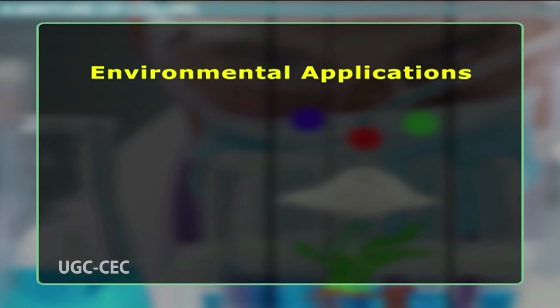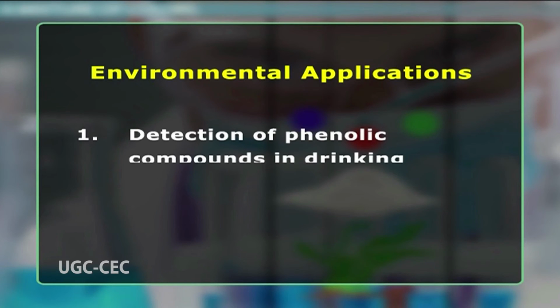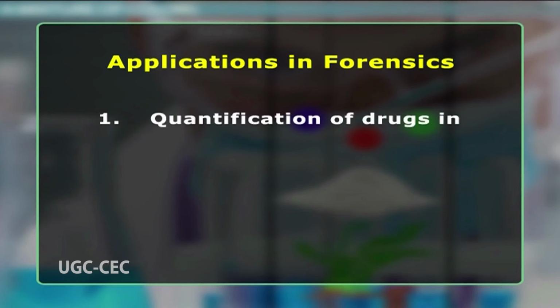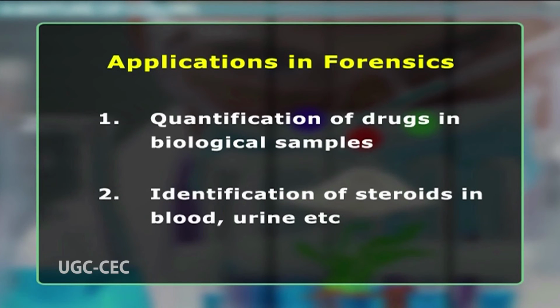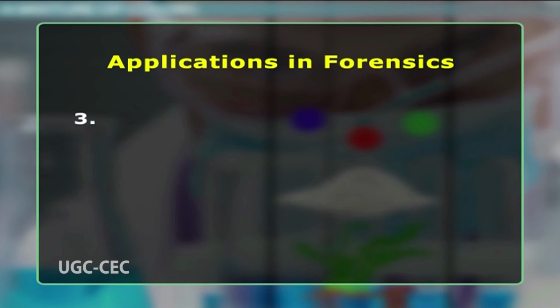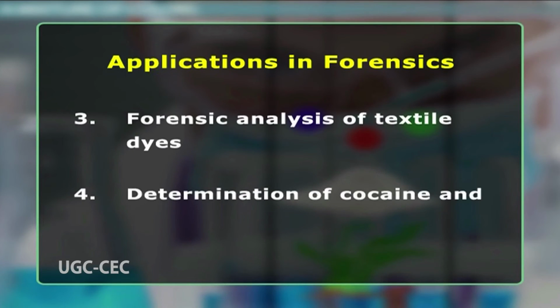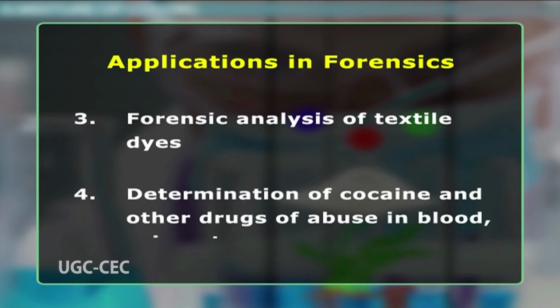Environmental applications include detection of phenolic compounds in drinking water and biomonitoring of pollutants. Applications in forensics include quantification of drugs in biological samples, identification of steroids in blood, urine, etc., forensic analysis of textile dyes, and determination of cocaine and other drugs of abuse in blood, urine, etc.